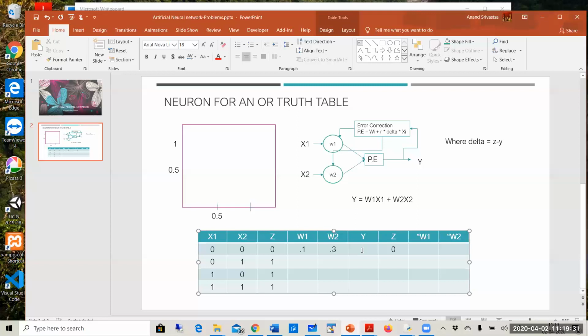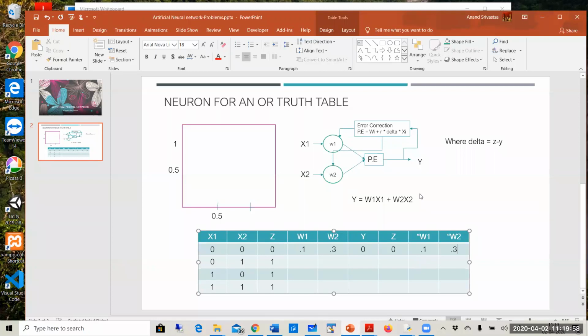Here it is 0 and here it is 0. The weights would be the same thing, 0.1 and 0.3. Now if I apply w1 and w2 to be something like that, these are the new weights that I would like to use.